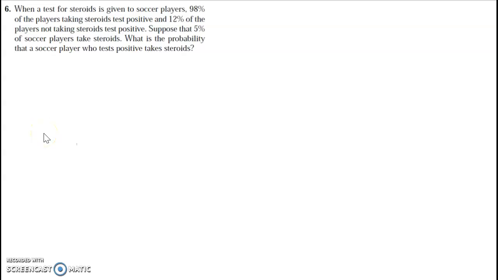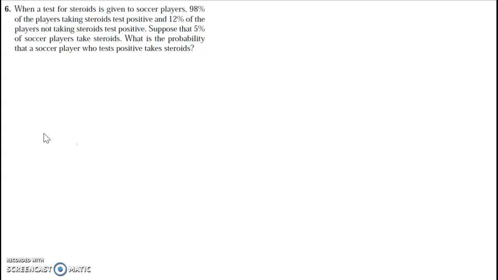So let's take a look at number 6. All of these problems are part of the next section, which deals with the Bayes theorem. For all of these problems, I like to use the tree diagram to organize all the details that are given. Otherwise, it's very confusing, and if you interpret one given number wrong, it falls onto a domino effect of getting all the numbers wrong.